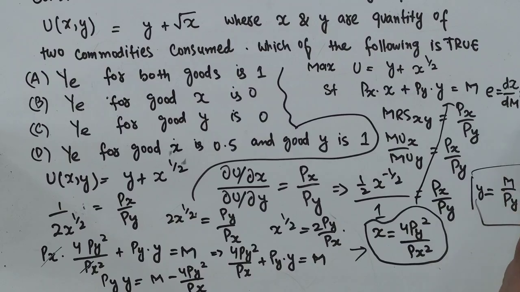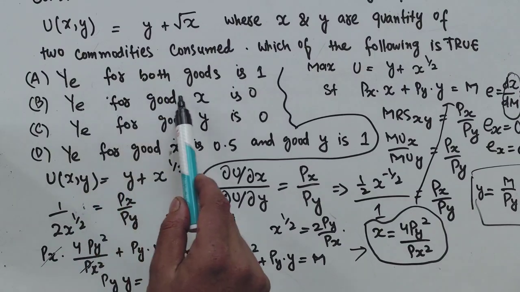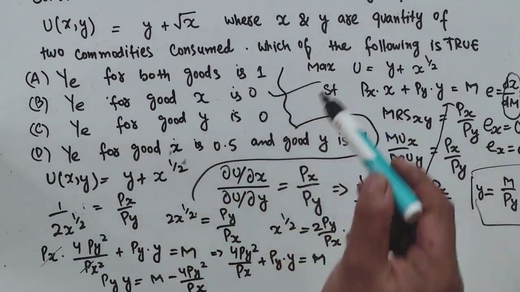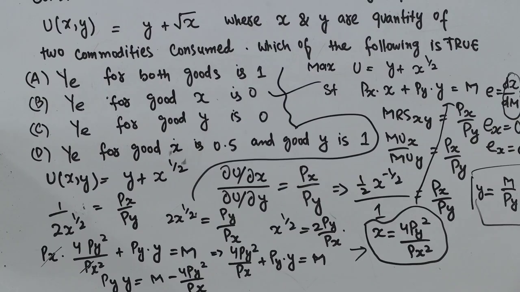So income elasticity of demand for good x will be equal to 0 times m upon x, that is 0. Let us see if we have that option, then we can discard the other options. Elasticity of demand for good x is 0, so this option must be correct. I hope I am making myself clear.